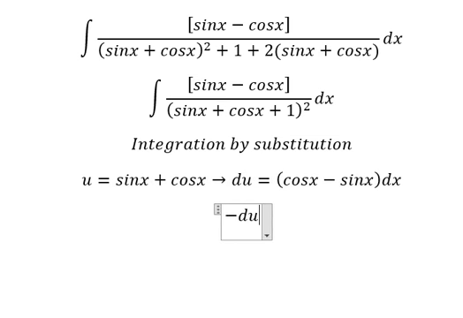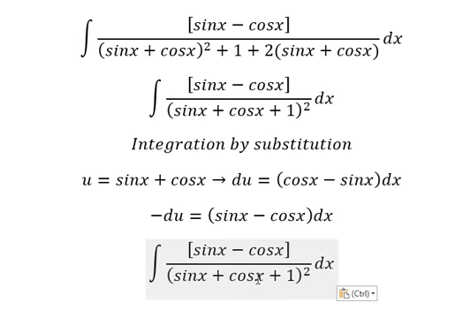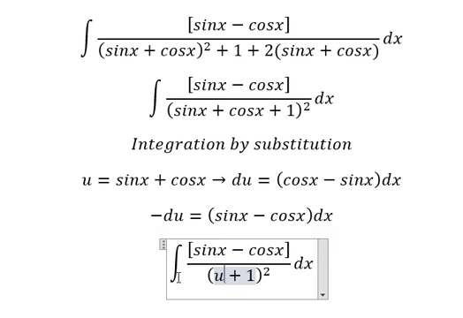And you get sine x minus cosine x dx. So this one we change for u. This one in here we change for negative du.